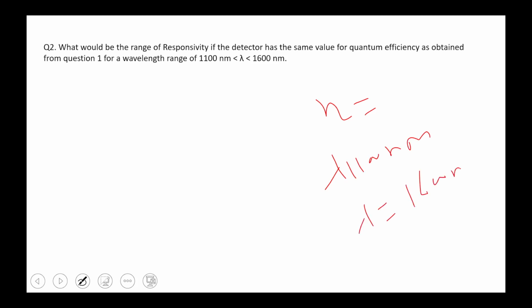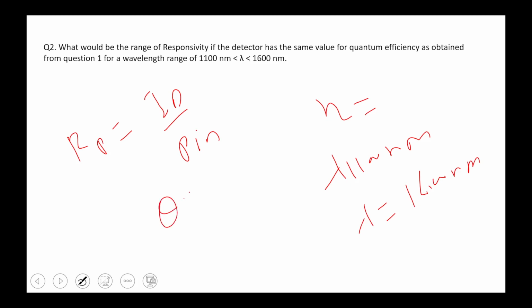Next question: what will be the range of the responsivity of the photodetector, with the same quantum efficiency that we previously calculated? We have to calculate responsivity for a wavelength of 1100 nanometer and for 1600 nanometer. For both we have to calculate separately. Responsivity is defined as I_p upon P_in.